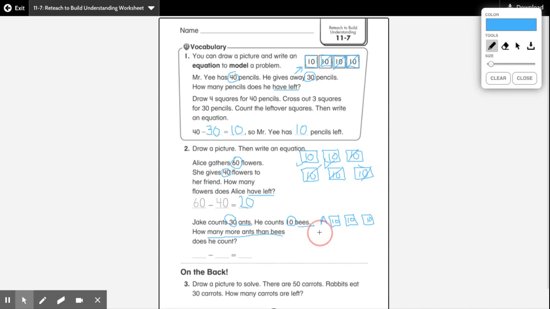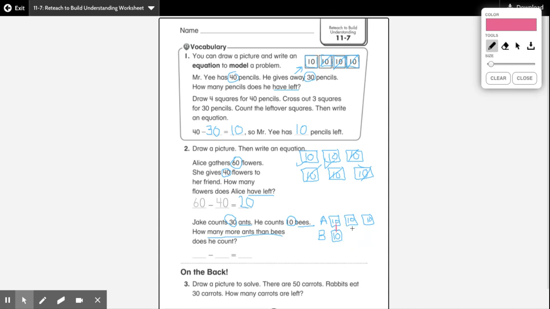We're comparing the bees. So let's put a B for bees, and there are 10 bees. So let's put 10. I only need one box because there's only 10 bees. So I've got my 30 ants, 10, 20, 30, and my 10 bees, 10. Now, how many more ants than bees? Remember, we're going to compare. We're going to partner them up. So let's use a different color here. Okay, ready? Ants to bees. Ooh, I ran out, right?